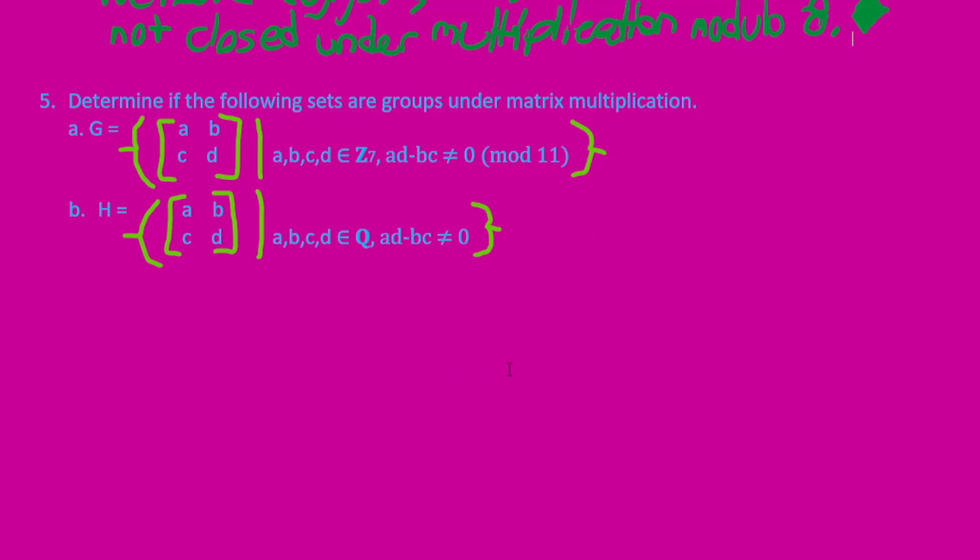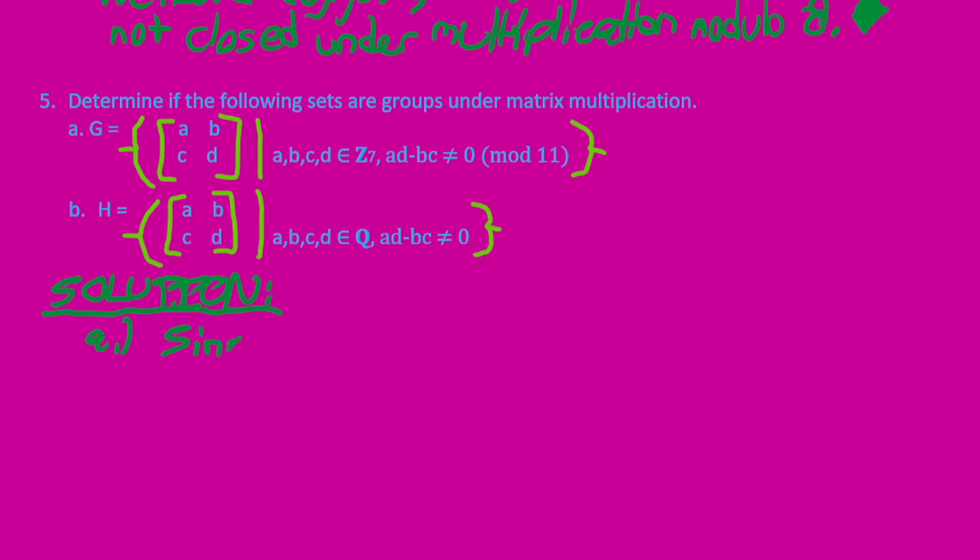And then H is described by the same 2 by 2 matrix, but these are all rational numbers, and the determinant does not equal 0. So let's take a look at this. Let's take a look at the first one.